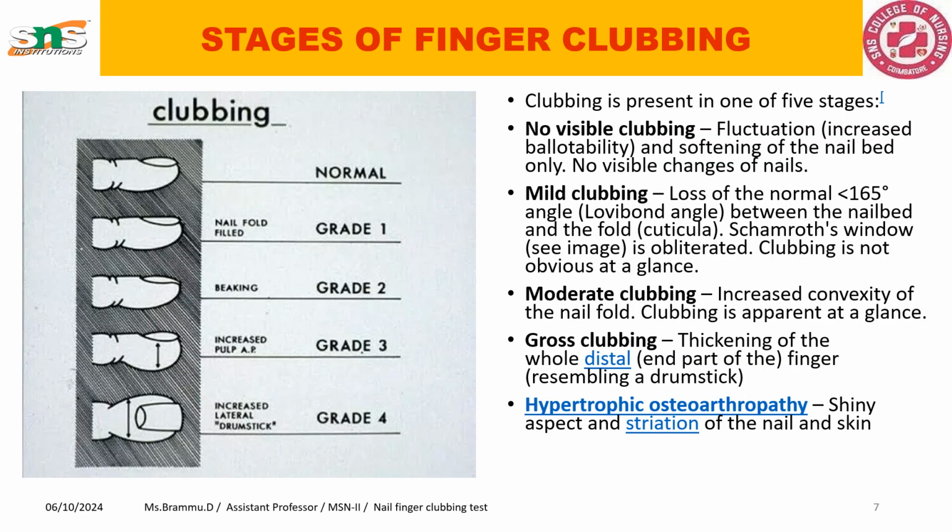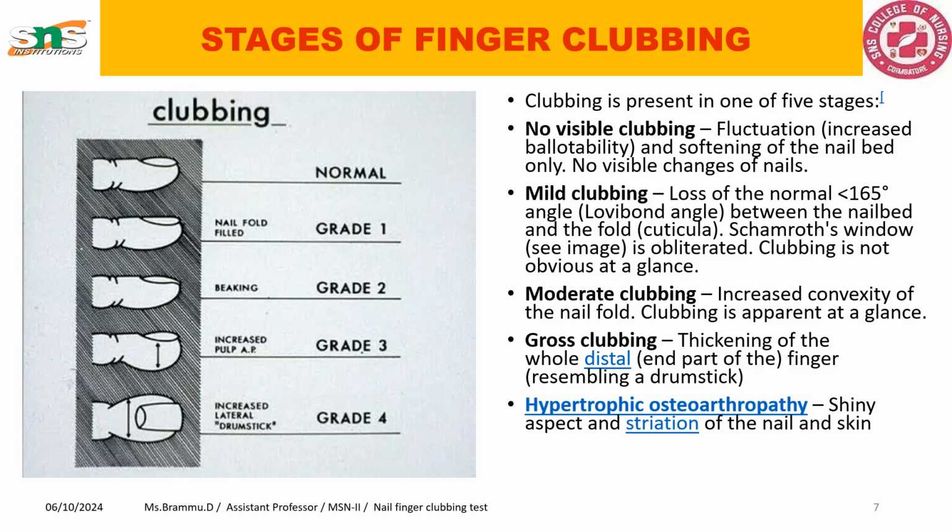So how can we grade this clubbing? Normally there is no visible clubbing, that is the nail beds are soft and there are no visible changes of the nails. In the remaining four pictures you can see that in grade 1 the nail fold is filled, and in the second one there is a beak like pattern which we call grade 2. Here there is increased convexity of the nail fold and clubbing is very apparent.